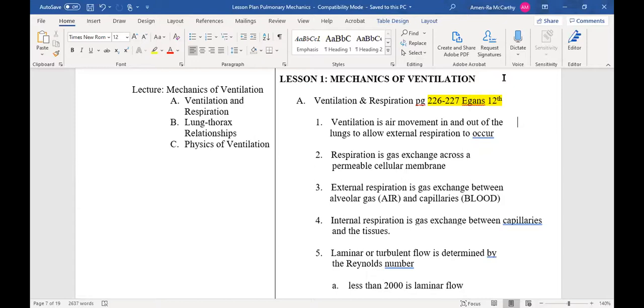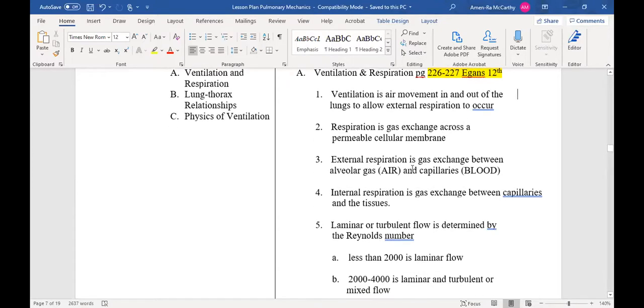Now, respiration is the gas exchange across a permeable cellular membrane. I want you to tell me, what is the name of that membrane in respect to external respiration?